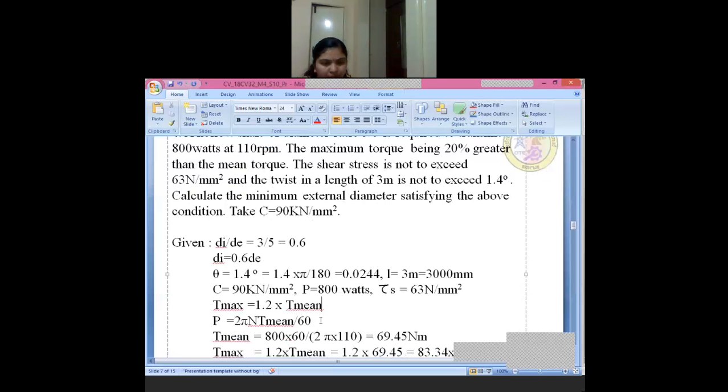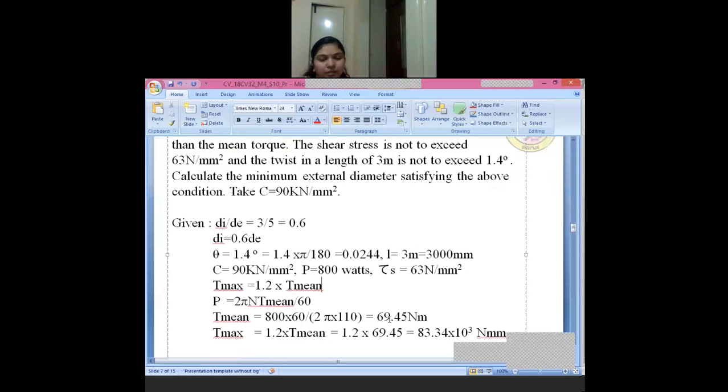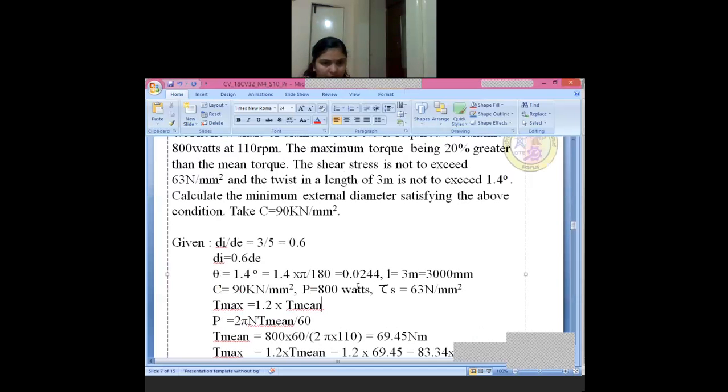T max is 1.2 times T mean. So I know that the power of the shaft is given as P is equal to 2 pi N T by 60. T mean is just 800 into 60 divided by 2 pi into 110, and T mean is 61.45.